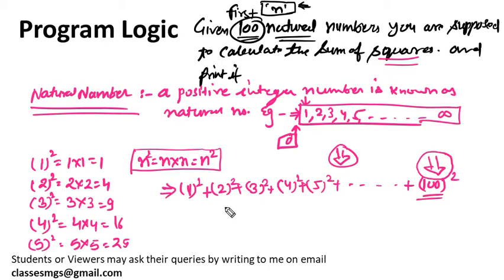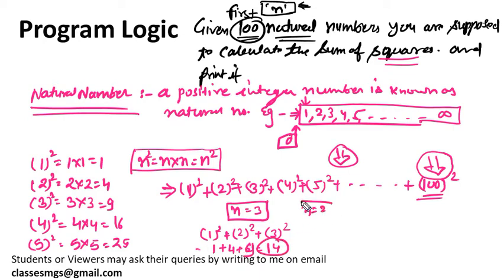But what we want is, let's suppose I pass 3, then it should calculate the sum of the squares up to 3. So if I pass n as 3, it should add 1 square plus 2 square plus 3 square, that is 1 plus 4 plus 9, which is 14. If you pass n as 2, it should print 1 square plus 2 square, that is 1 plus 4, which is 5.